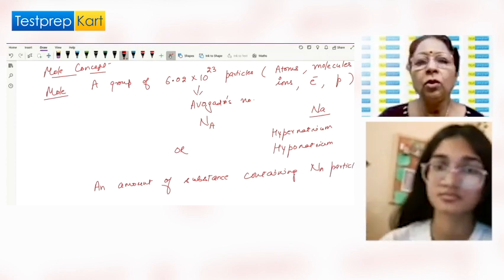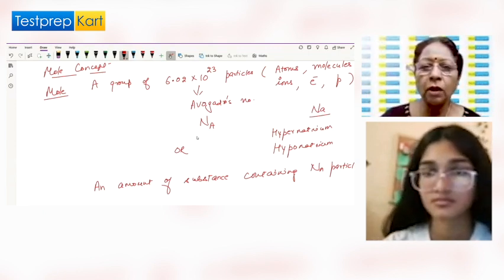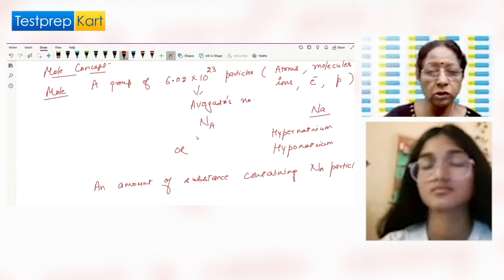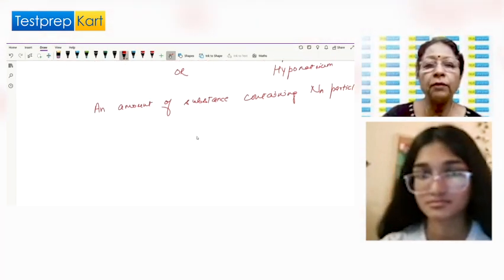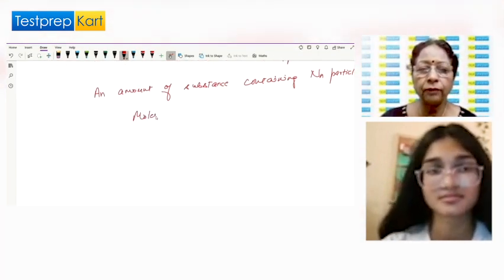As I told you, you can have moles of elements, moles of compounds, even moles of gases and moles of solutions. One by one, we will correlate moles with all of these. First is moles and elements.